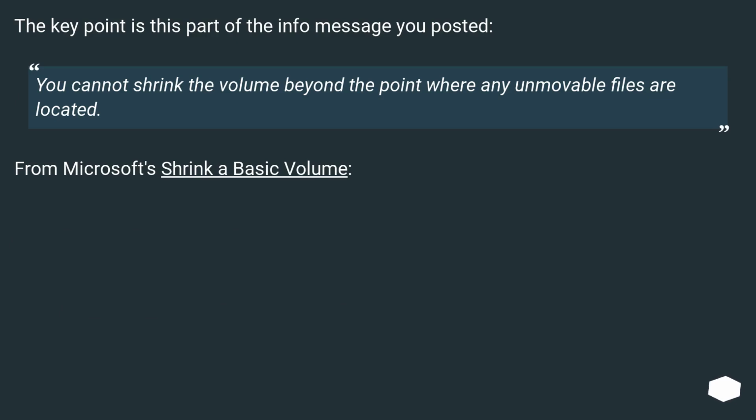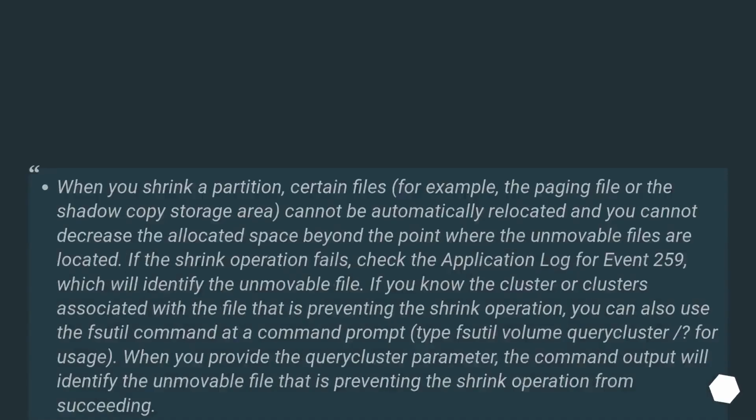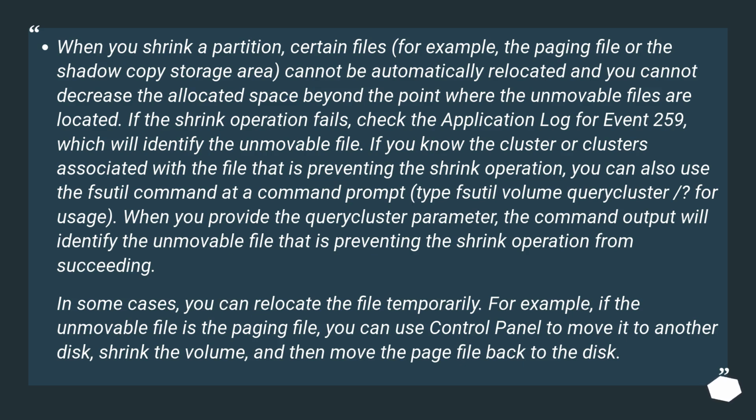From Microsoft, Shrink a basic volume, additional considerations: When you shrink a partition, certain files, for example the paging file or the shadow copy storage area, cannot be automatically relocated, and you cannot decrease the allocated space beyond the point where the unmovable files are located. If the shrink operation fails, check the application log for event 259, which will identify the unmovable file.